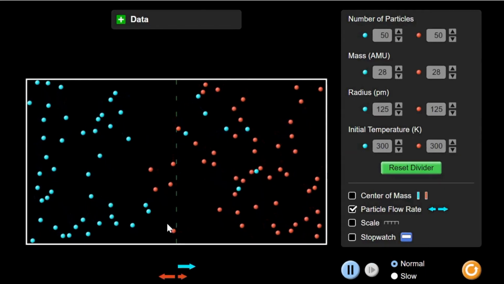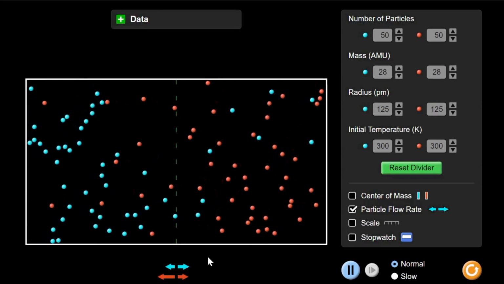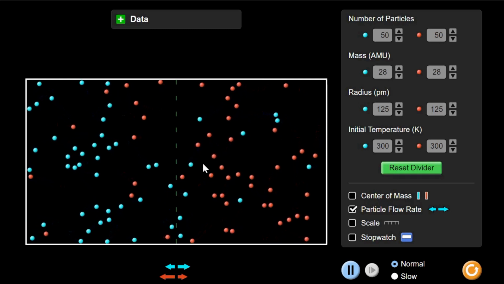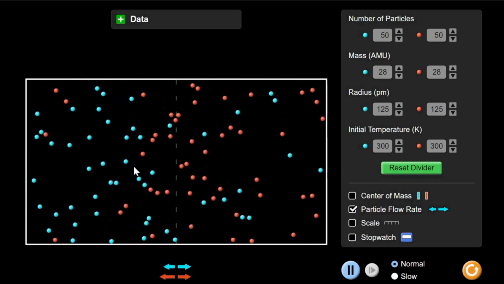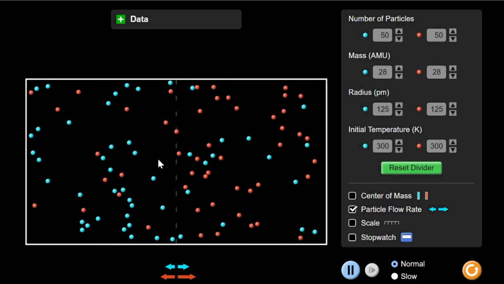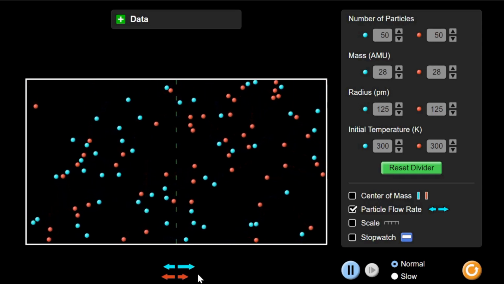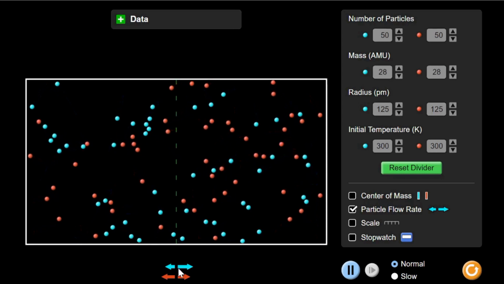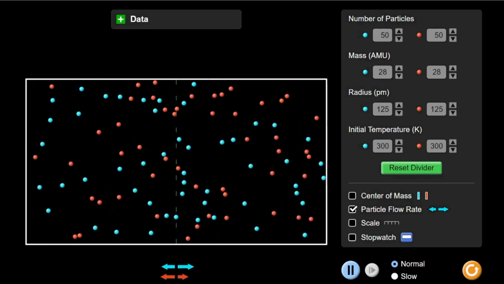Notice how the flux of blue particles is predominantly to the right and the flux of red particles is predominantly to the left. As time is progressing, we will have complete mixing of these two colors, and eventually the arrows will have the same length towards the right and towards the left.